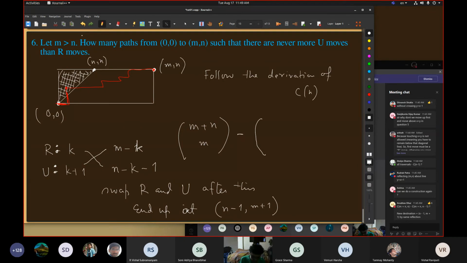So it is on the top of this y equal to x line. So you have to cross it somewhere and then again reverse it. So it will be m plus n choose m plus 1 or n minus 1, whatever you like. Happy? Yes, sir. Okay, that's it.